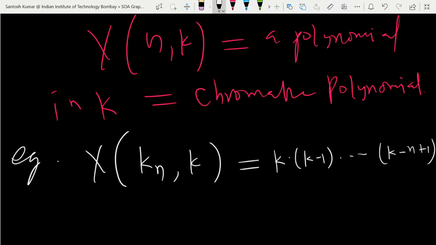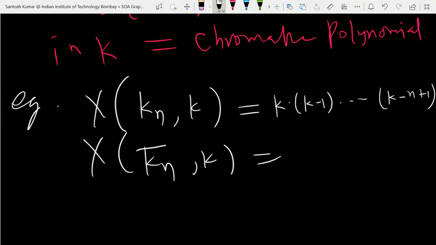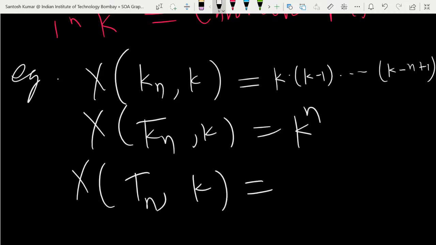Again, you remember chi of Kn complement comma k was exactly k raised to the power n. This is also a polynomial in k having degree n, the number of vertices. You have seen recently Tn, the chromatic polynomial corresponding to a tree with n vertices using k colors. We derived it as k times (k minus 1) raised to the power n minus 1. This is also a polynomial in k having degree n.